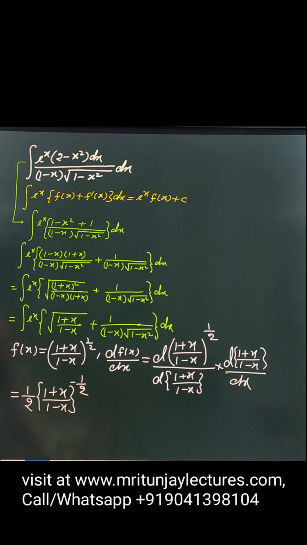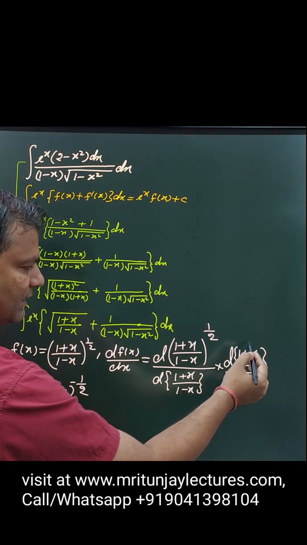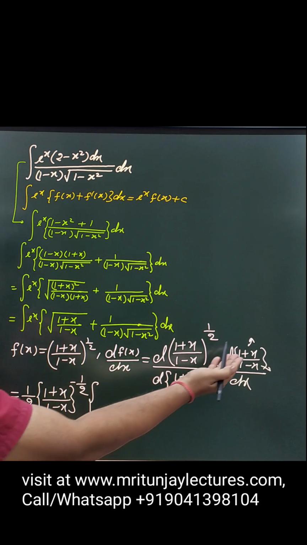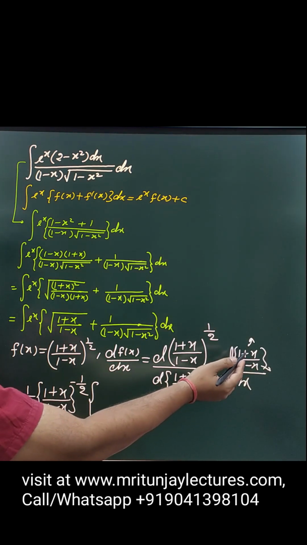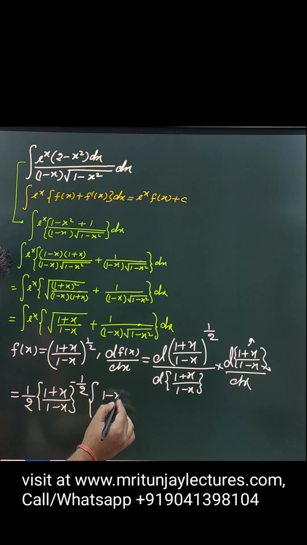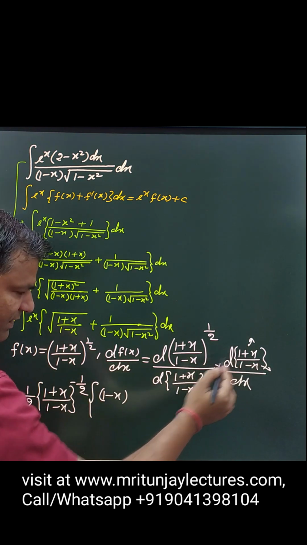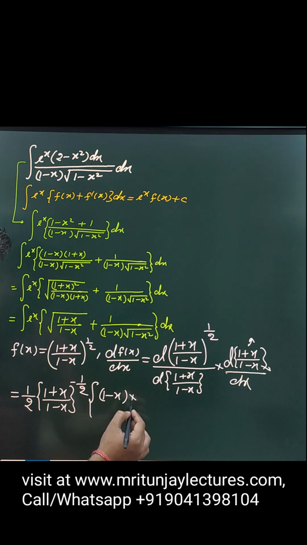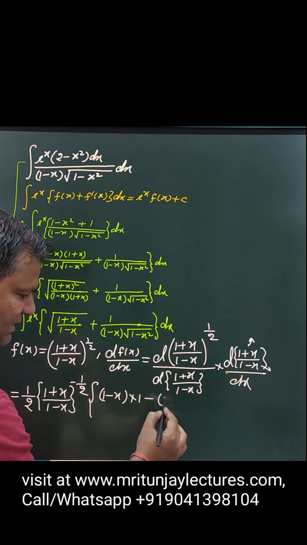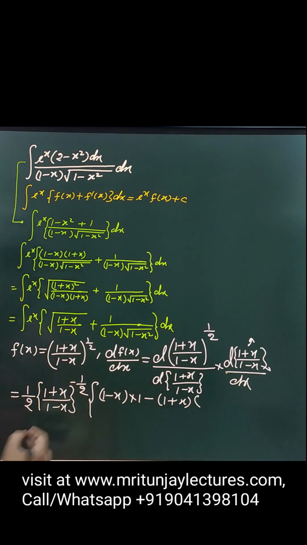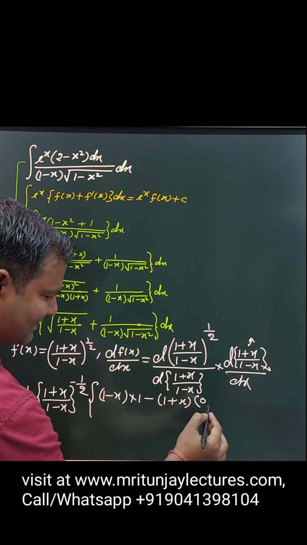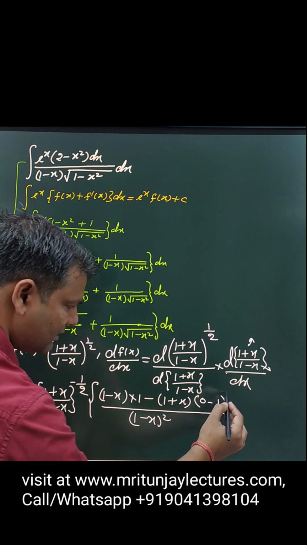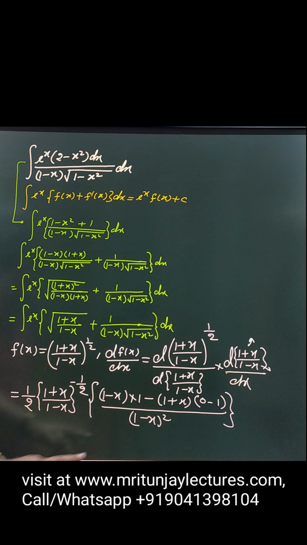And after that, we differentiate the fraction, with numerator and denominator. First write the denominator, 1 minus x, into the differentiation of the numerator, which is 1, minus (1 plus x) into the differentiation of the denominator, which is 0 minus 1, and after that the whole square of the denominator.